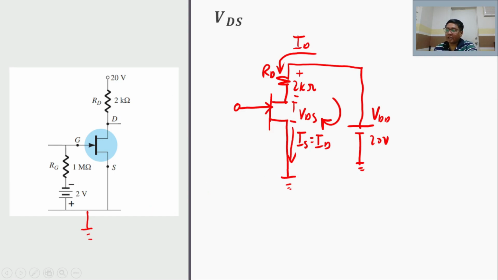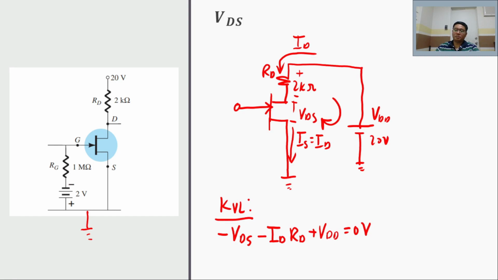We can now write down the KVL equation. We have negative VDS minus IDRD plus VDD equals 0 volts. We can substitute the values for ID, RD, and VDD to get the value of VDS.